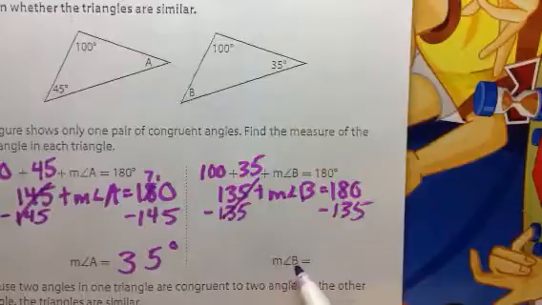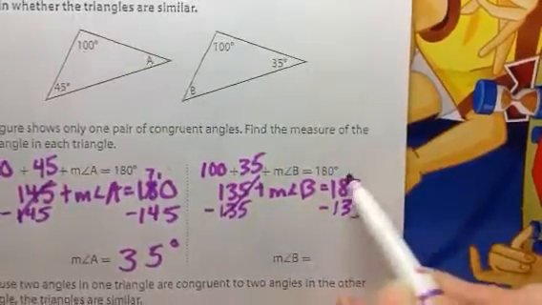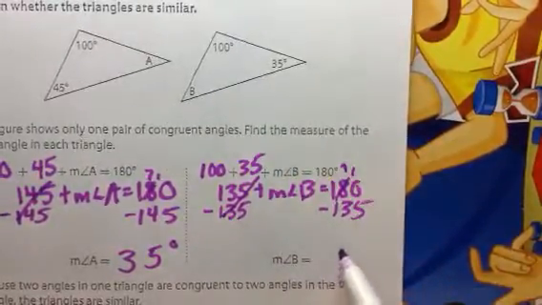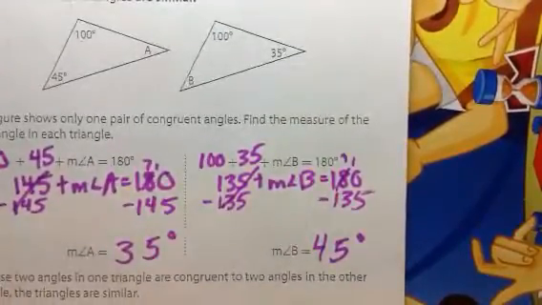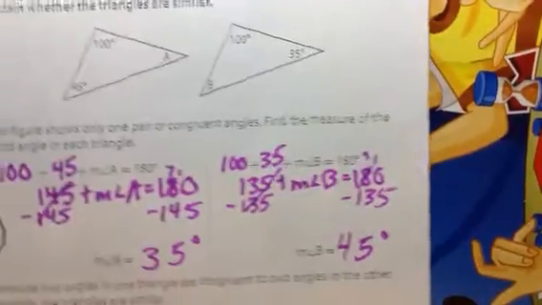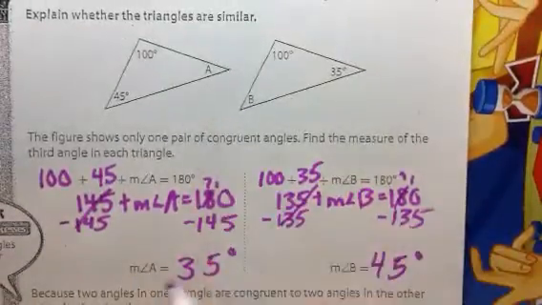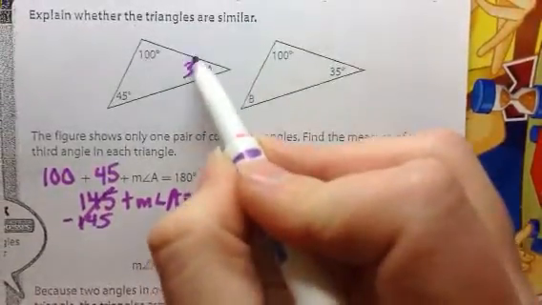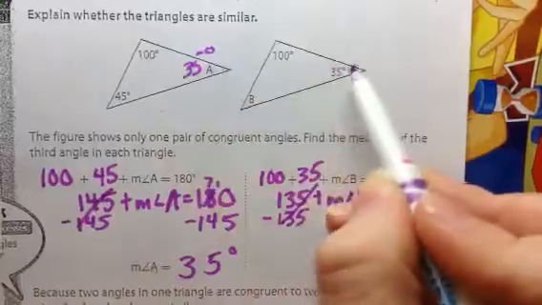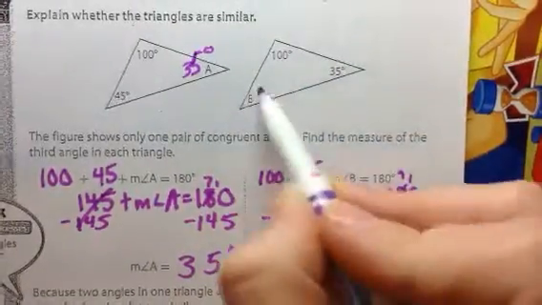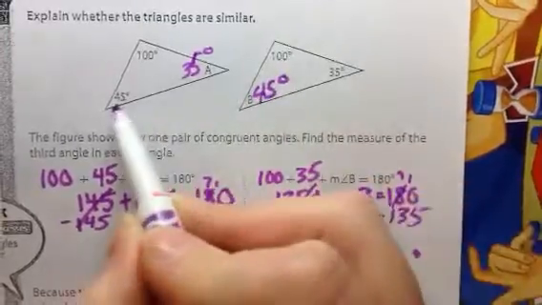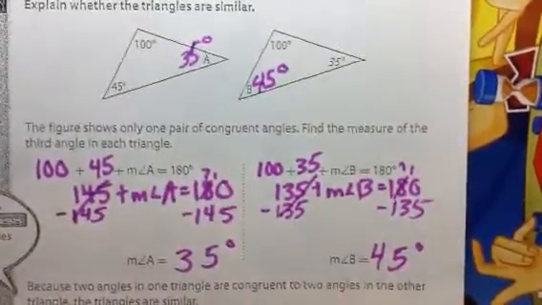So the measure of angle B is now all alone. If I work this side, I'm going to get 45 degrees. So I'm going to fill into my picture now that I know over here for angle A, I got 35 degrees, which matches this one. And the measure of angle B, I got 45 degrees, which matches this one.